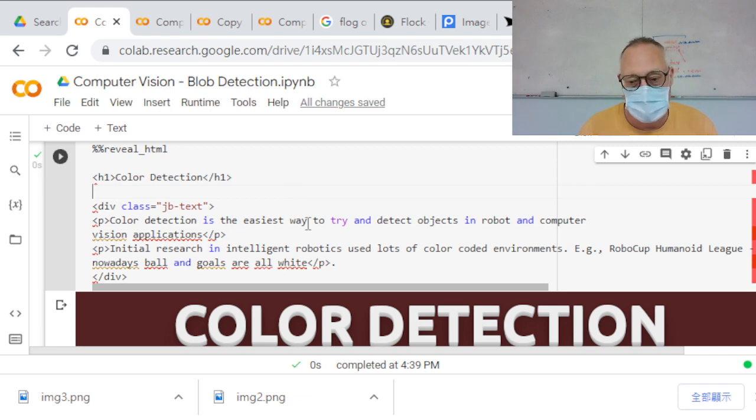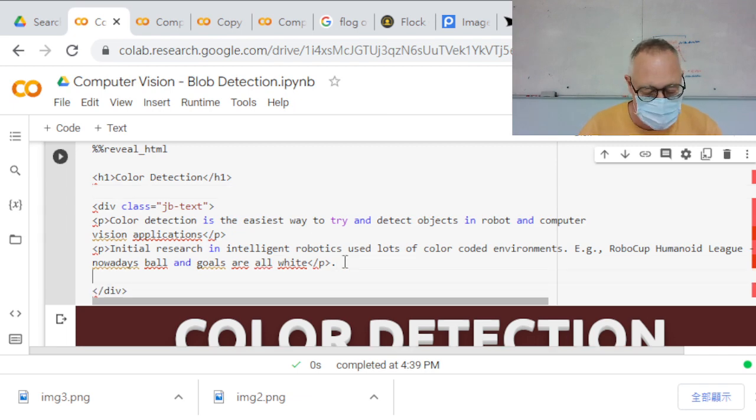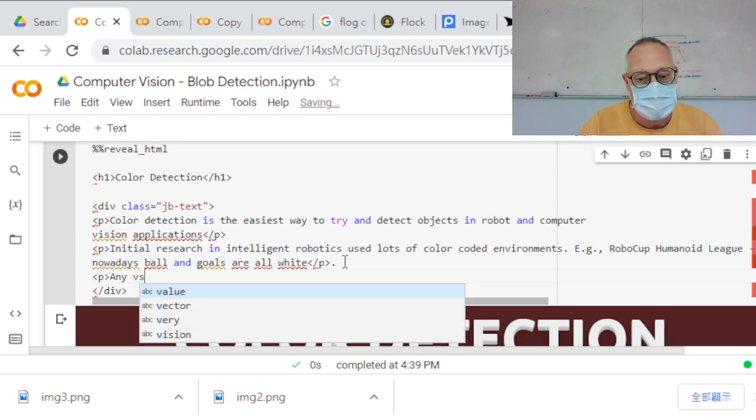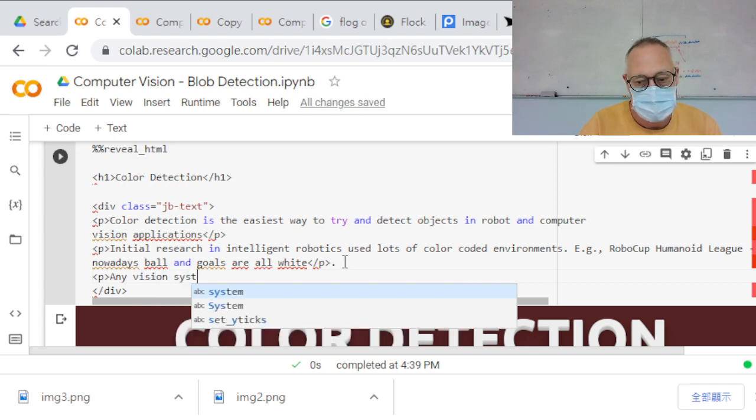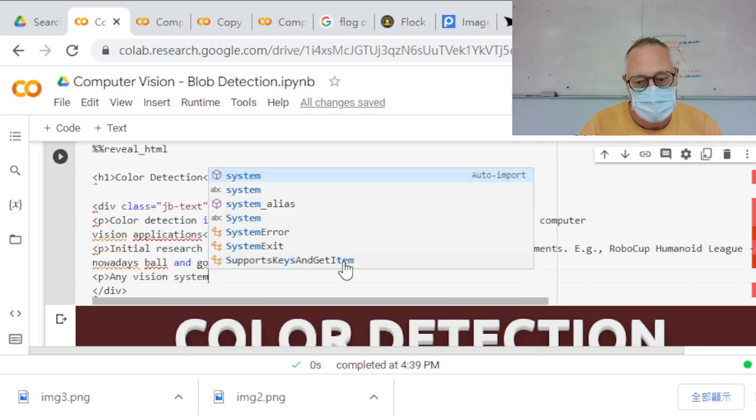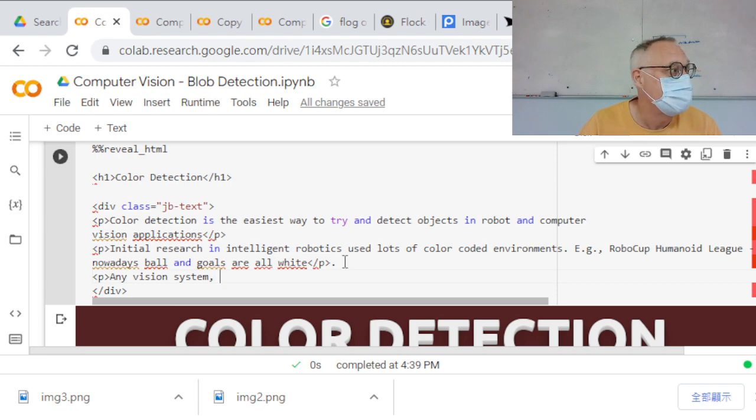The other thing that it showed you is true for any vision system, for any system in a sense, not just vision, but in particular for vision.